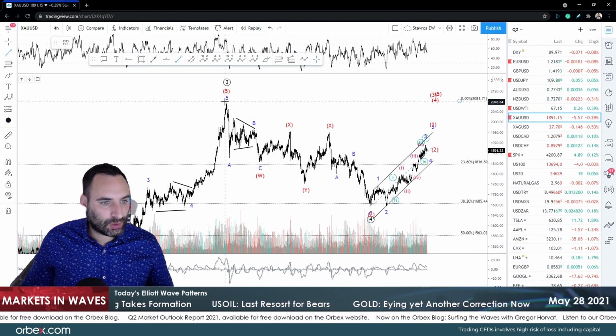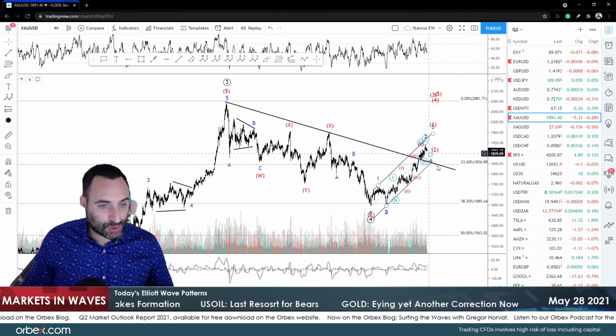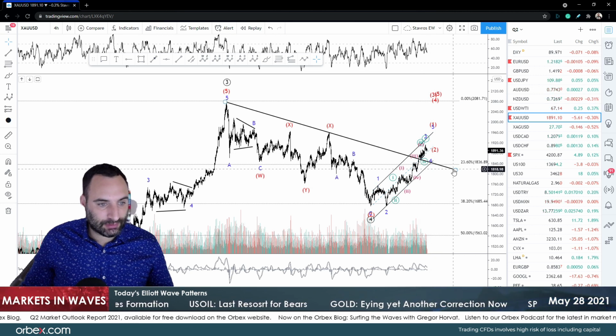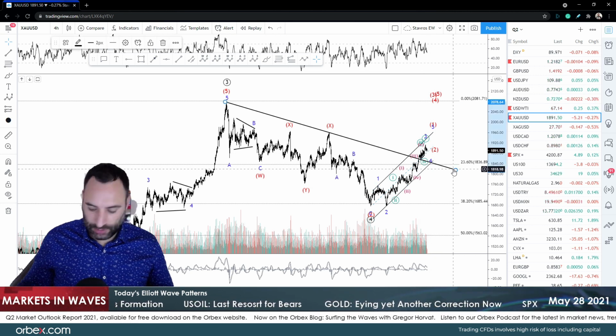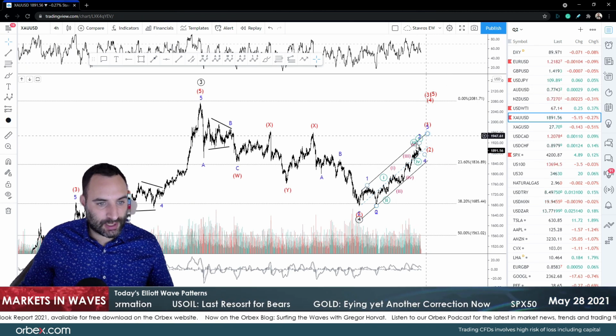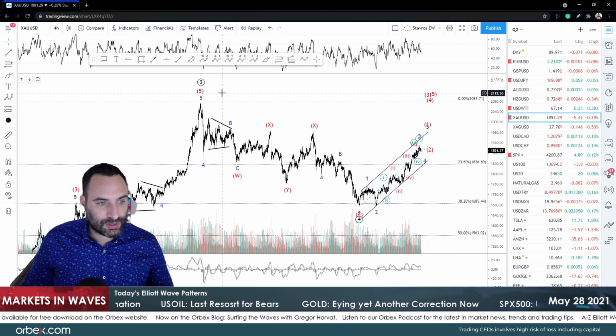And we need to take into account that we're still now bullish, just becoming bullish, we get the validation above this trend line. So don't think that this multi upside is going to end in the medium term soon. We still have a lot of space to move up.